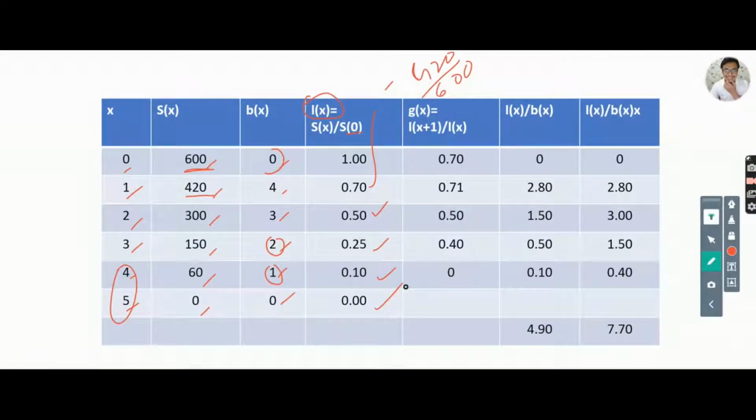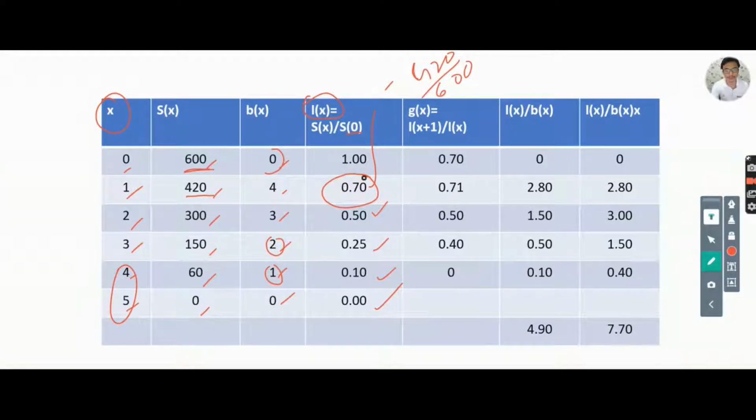Then you can come to Gx, which is Lx plus 1 divided by Lx. So this is the x, and you can see the Lx column. What is the Lx column? This is Lx. Suppose this is the Lx column, 0.70, and this is Lx plus 1.